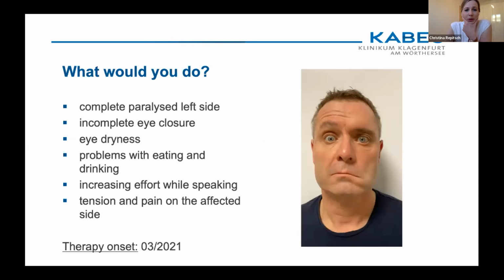He had problems with eating and drinking, and also during speaking the muscle tired, and he had problems talking for a long time, and he had some tension and pain on the affected side. So the therapy started nearly half a year after the onset of the disease.